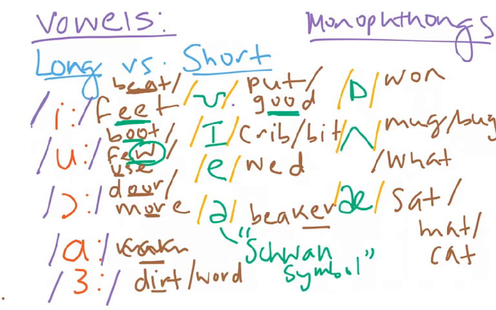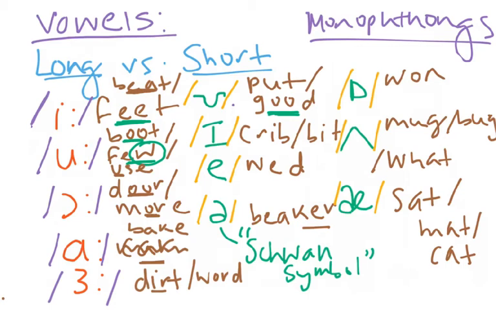But for now, a long A vowel sound word is, for example, bake, or cake, or make, or late.